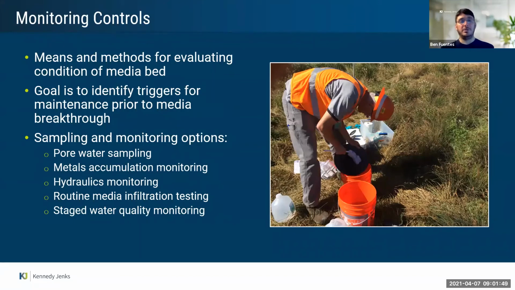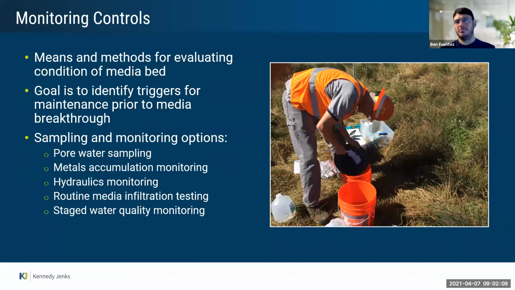So once built, the question is, well, when do I need to maintain it? How often do I need to maintain it? And there are a handful of options out there for ways where you can better understand your system's operation, how it's doing, if it's getting closer to media breakthrough.